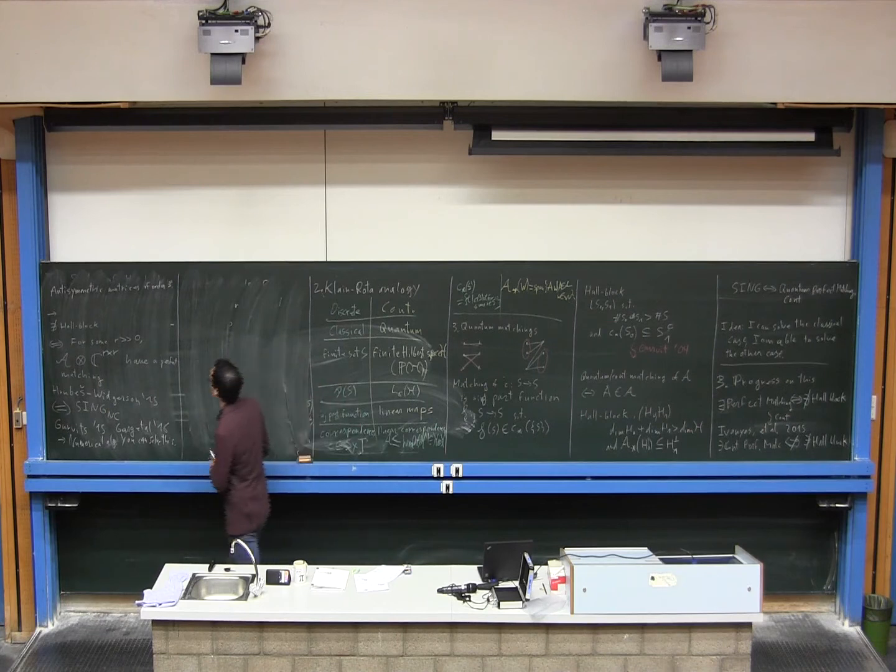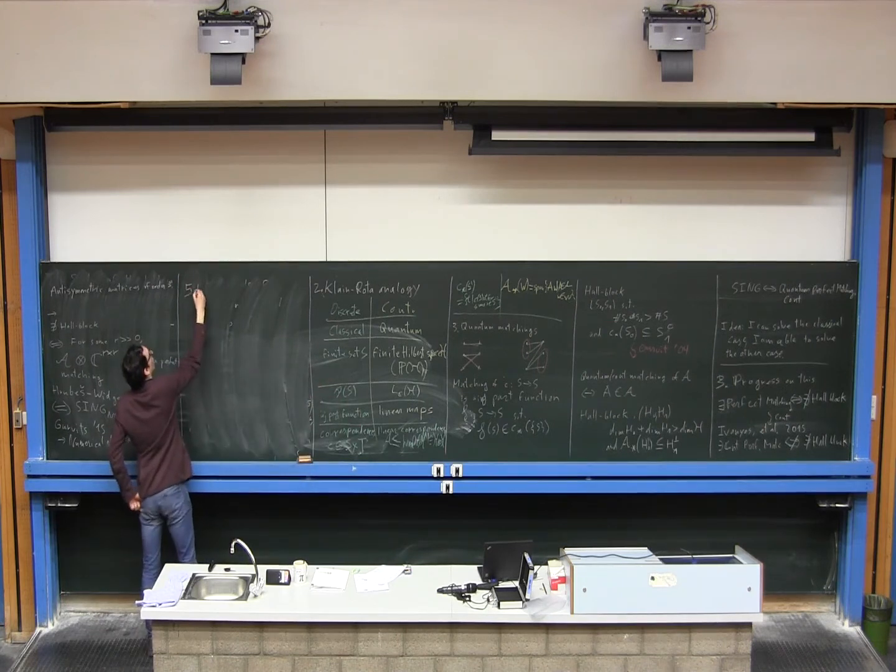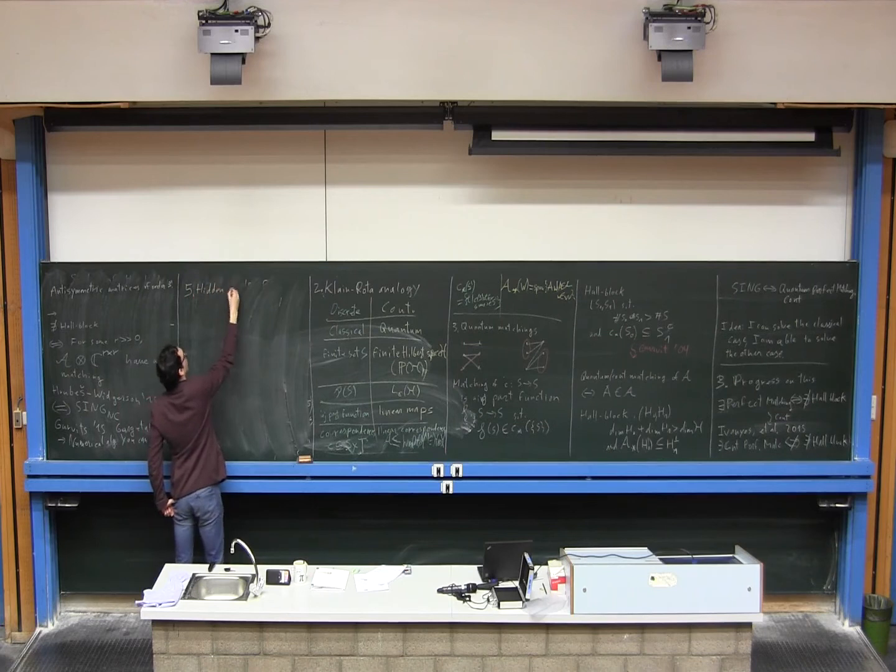And now let's define what we mean by hidden combinatorics.